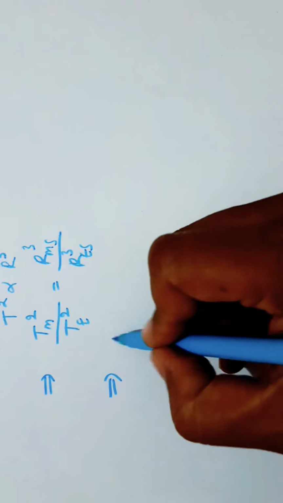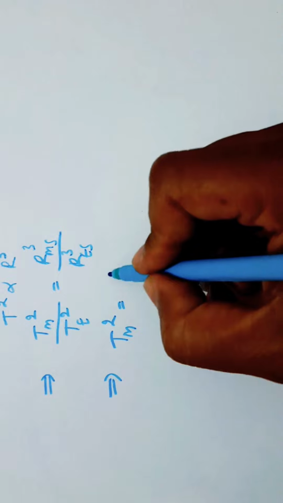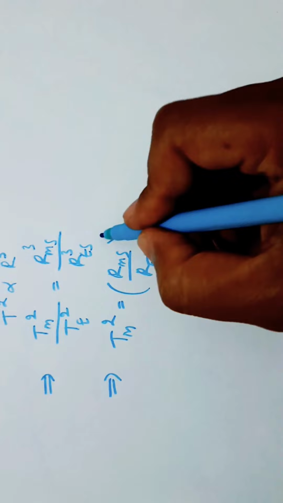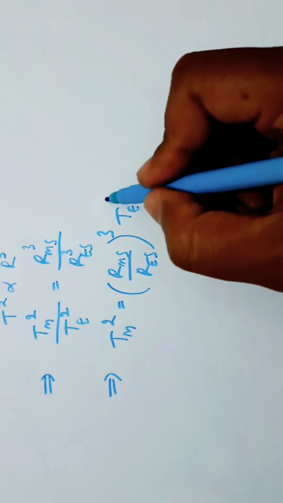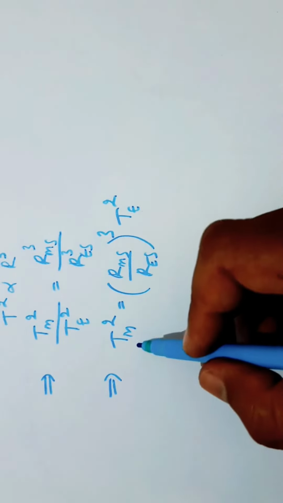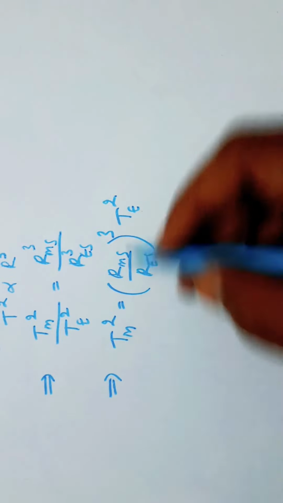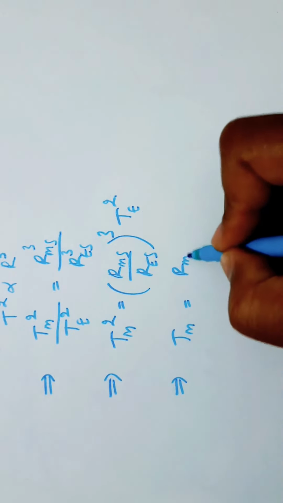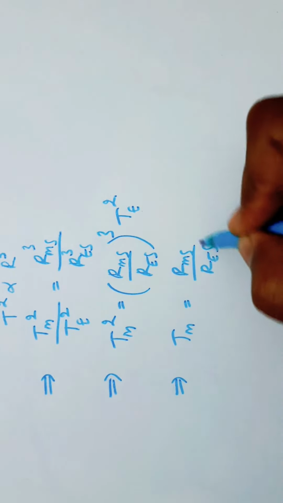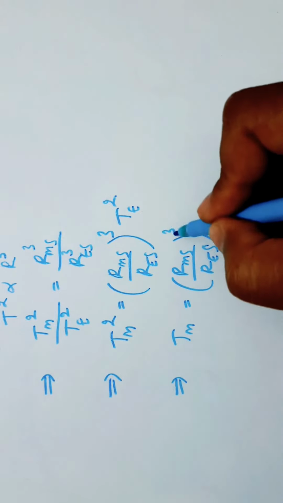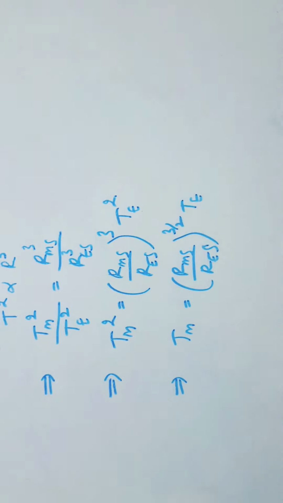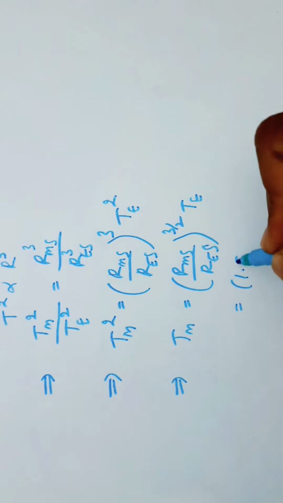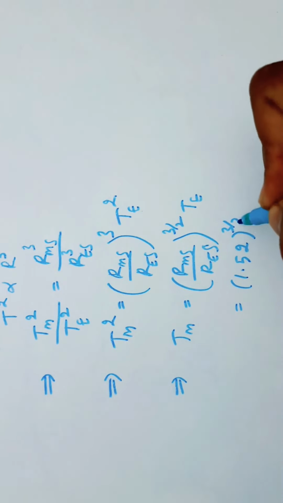From this T_M square is equal to R_MS by R_ES whole cube into T_E square. Take square root on both sides. So we can get T_M is equal to R_MS by R_ES whole to the power of 3 by 2 into T_E. So here R_MS by R_ES is equal to how much? That is 1.52 whole to the power of 3 by 2.